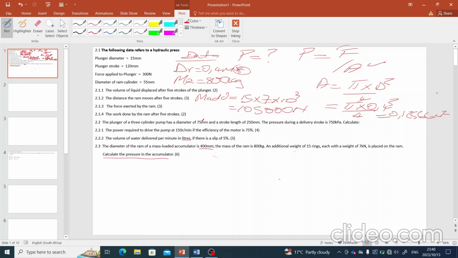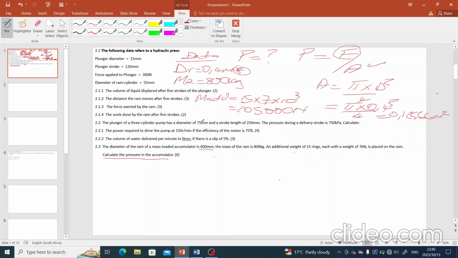We are having the first part of the formula. We then have to get the force. How are we going to get the force? We need to calculate the force from the mass total. Mass total is mass MR plus mass added. Now, our mass added is in newtons. We then have to convert it to kgs. W equals mass multiplied by g.